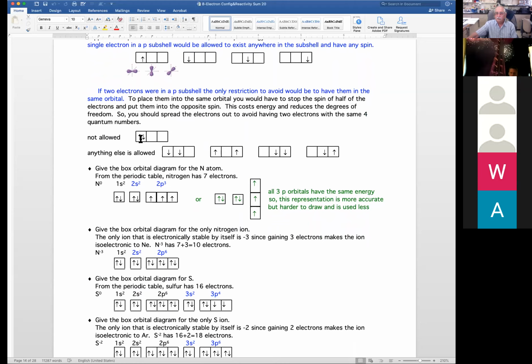That takes energy to do. So, what is a lower energy? Let this guy do whatever he wants to do. Let that guy do whatever this guy wants to do, and that's fine. That makes sense to you?